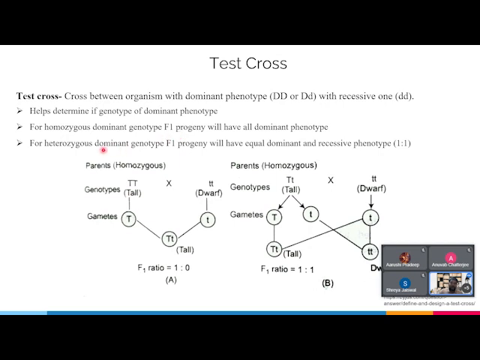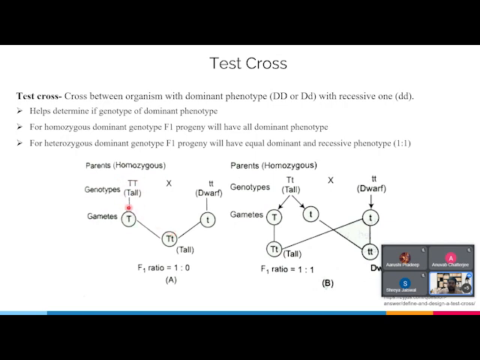But in case of a heterozygous dominant genotype, there will be an equal amount of dominant phenotype and recessive phenotype. So what exactly do I mean by this? I would draw your attention to the left hand side of this schematic.